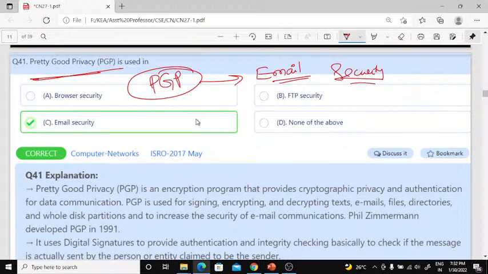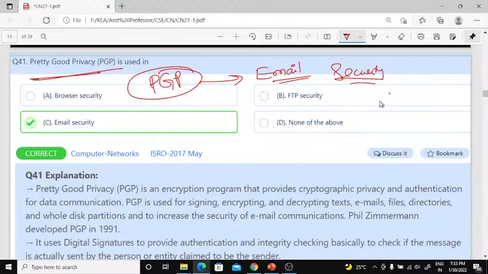PGP is an encryption program that provides cryptographic privacy and authentication for data communication, that is for emails. Whichever mail we use, for personal mail or business communication, PGP is used for signing, encryption and decryption of the text.